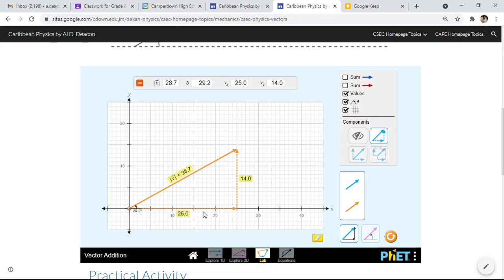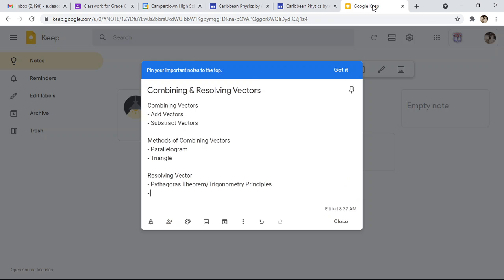Let's prove that this and this, when added together, you get 28.7. Let's prove it.